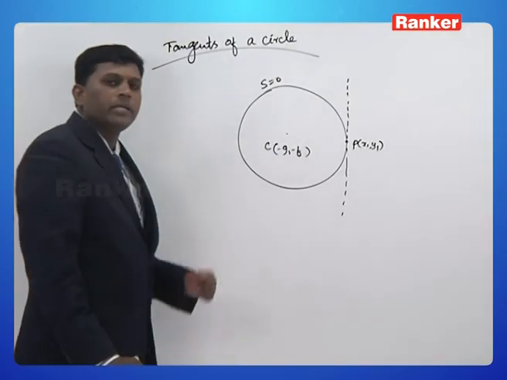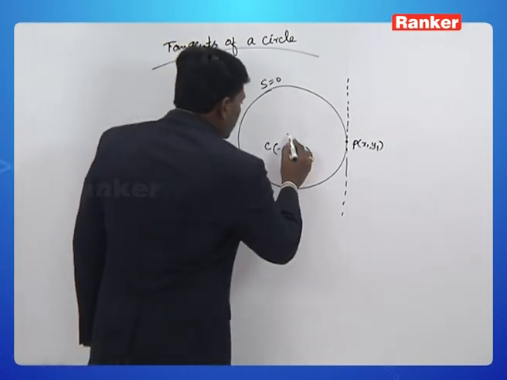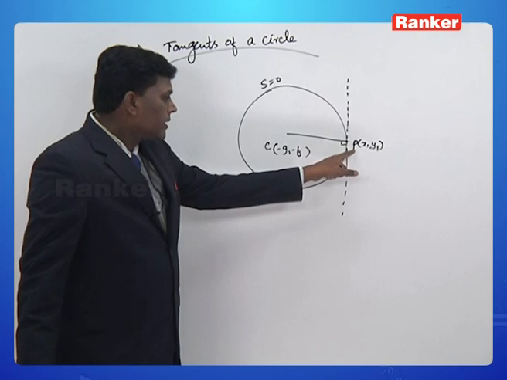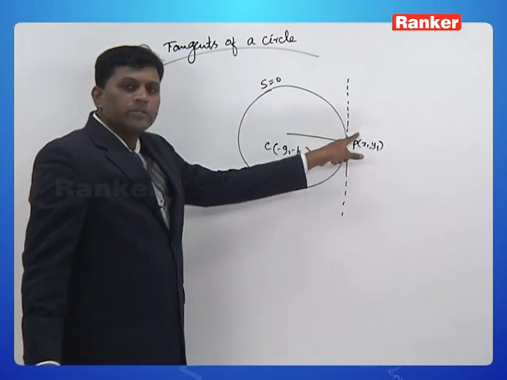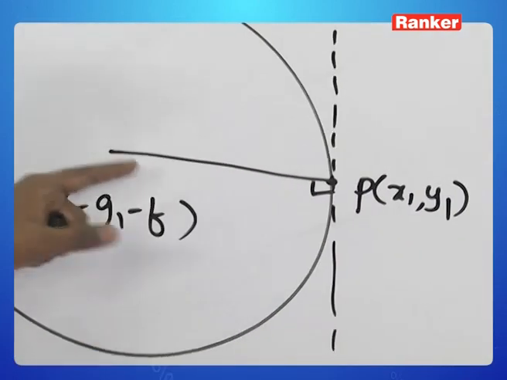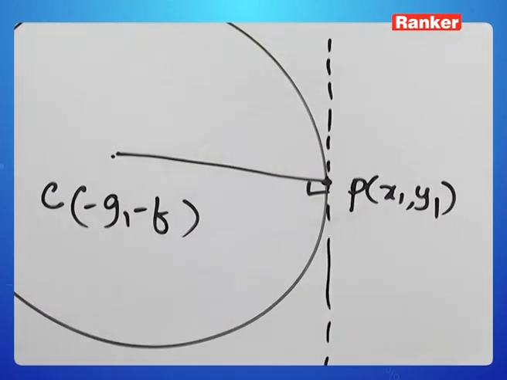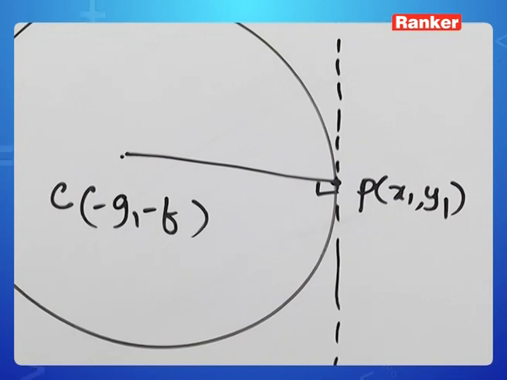Let us take this point as C. As we know already, tangent drawn at the point of contact is perpendicular to the radius drawn at this point of contact. That's why CP is perpendicular to the given tangent line.